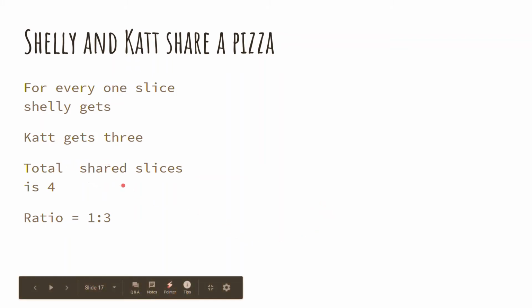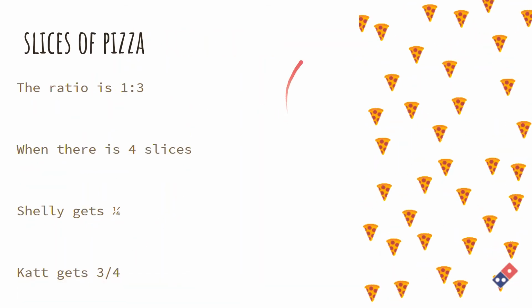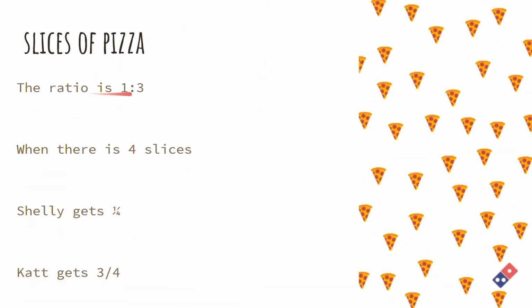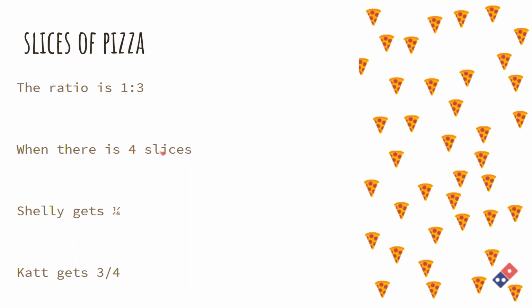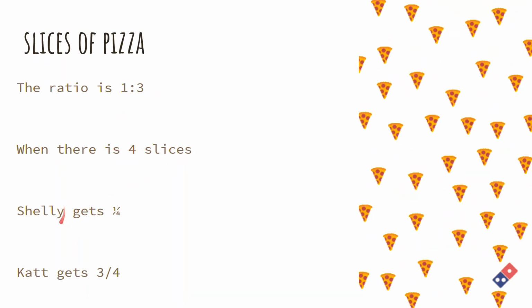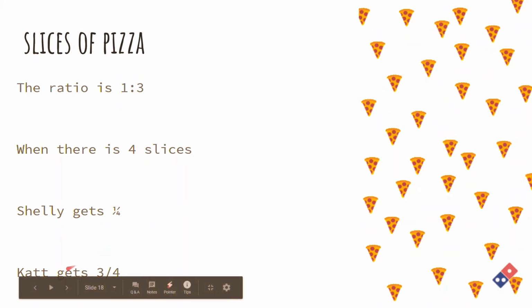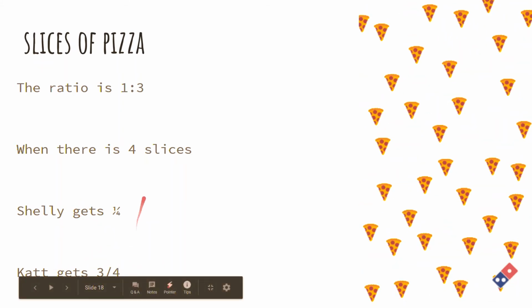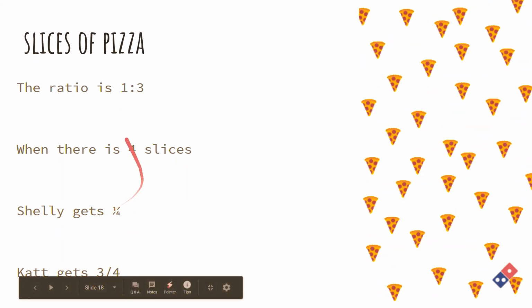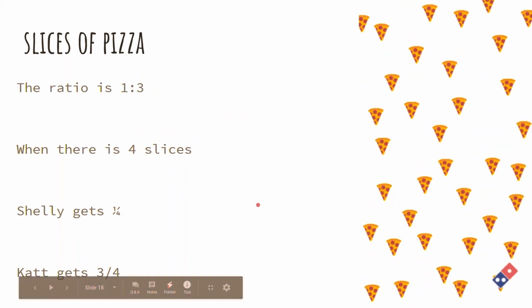So the total slices shared would be 4, and the ratio is 1 pizza slice for Shelly to 3 pizza slices for Kat. So now our ratio is 1:3. When there are 4 slices, Shelly gets a quarter, Kat gets 3/4, but the ratio is always 1:3. So that's one way of looking at it.